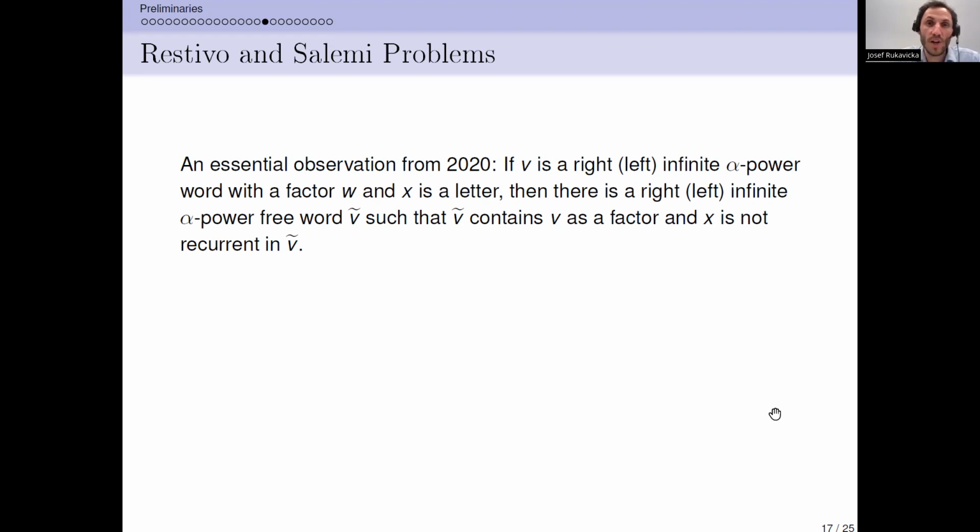So this is the crucial construction. I have an infinite alpha power 3 word having some factor w, and I construct another alpha power 3 infinite word having the same factor, but having only a finite number of occurrences of the letter x.